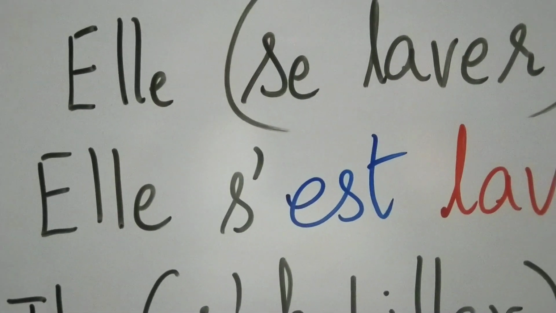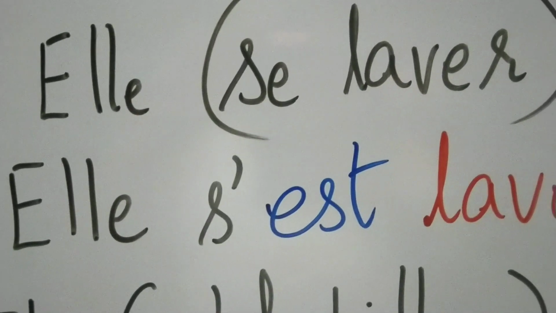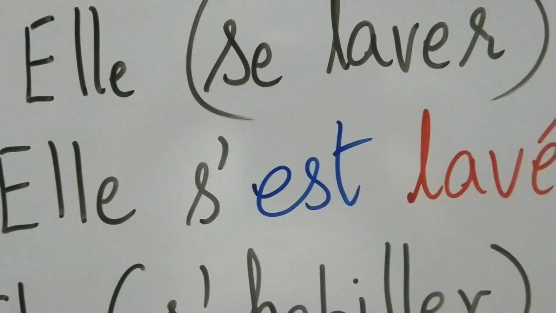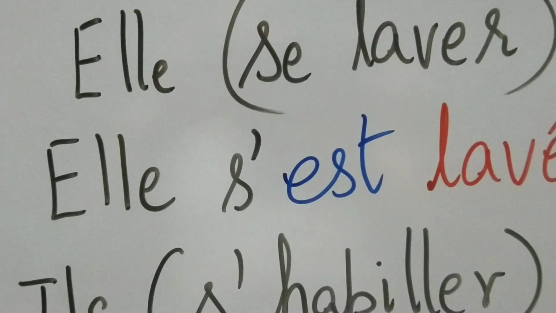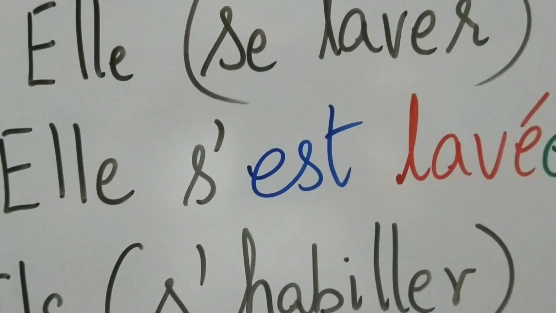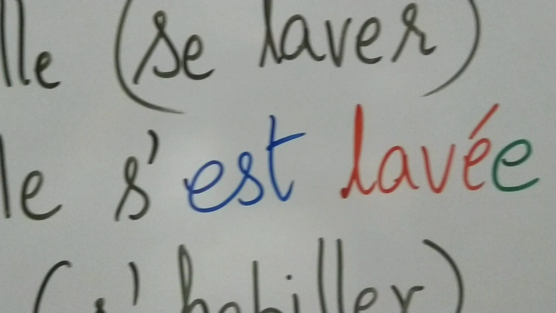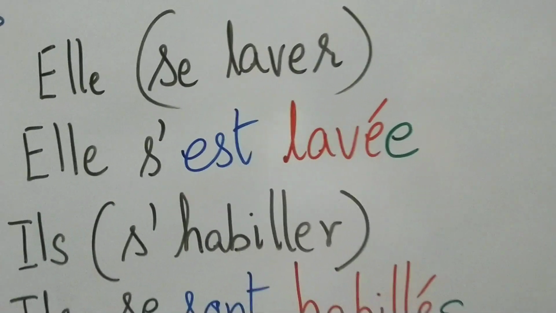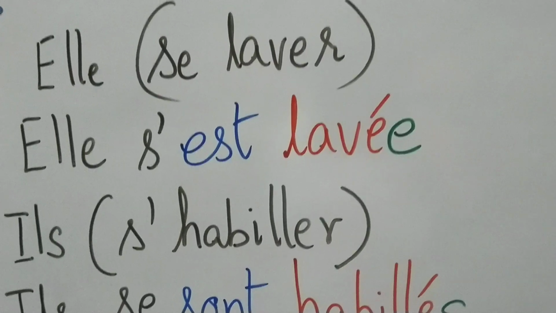Therefore, when reflexive verbs are conjugated in the passé composé, they would take être in the auxiliary. Elle s'est lavée, with an extra E because the subject pronoun is feminine singular.